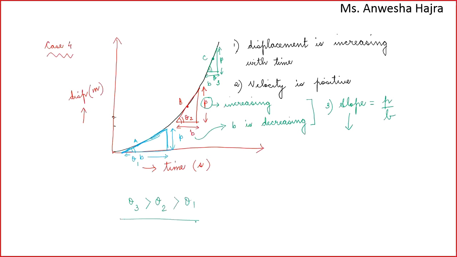The angle is increasing. Slope is increasing. Now what does the slope give? Slope gives us velocity. So from here we can say that velocity of the body is increasing.